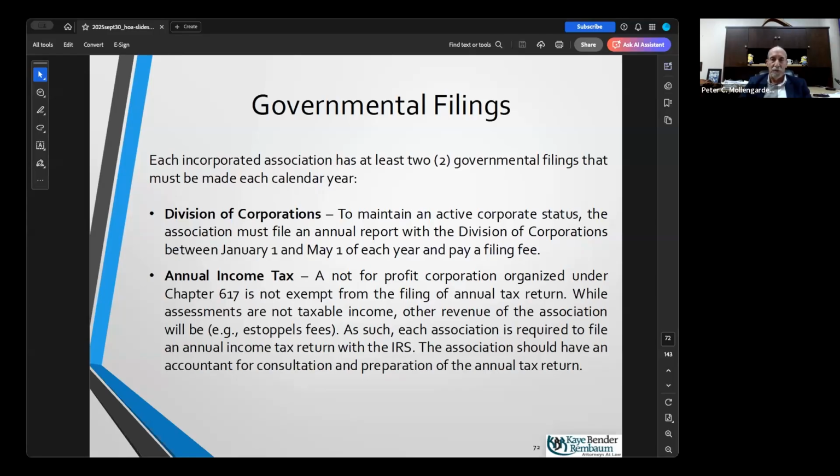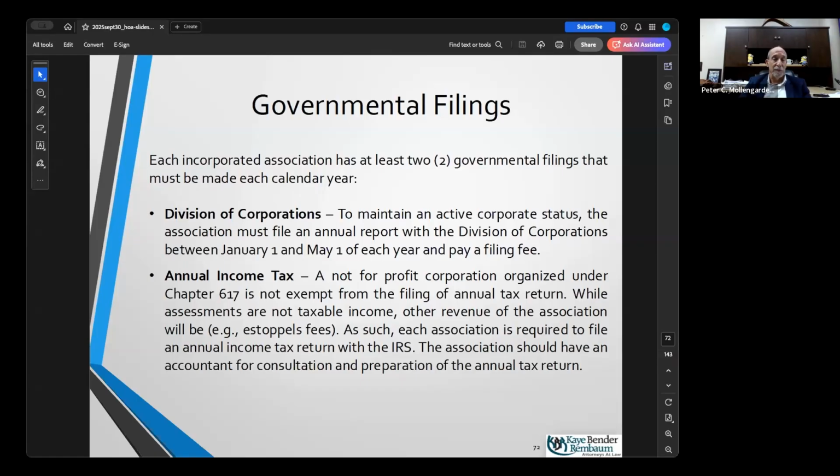To maintain an active corporate status, you must file your annual report with the Division of Corporations between January 1st and May 1st of each year and pay a filing fee. That report generally indicates your mailing address, your registered agent and his or her or its address, and who are the officers and directors. So that annual report has to be filed every year.